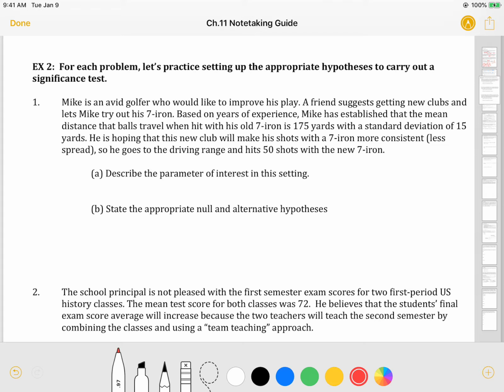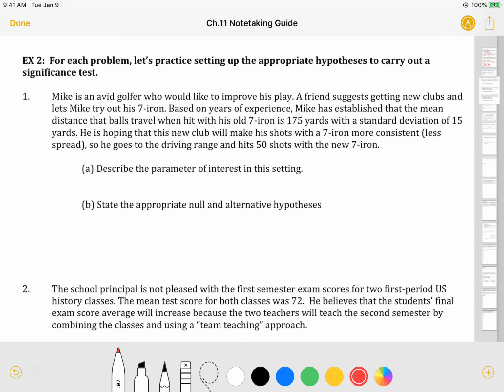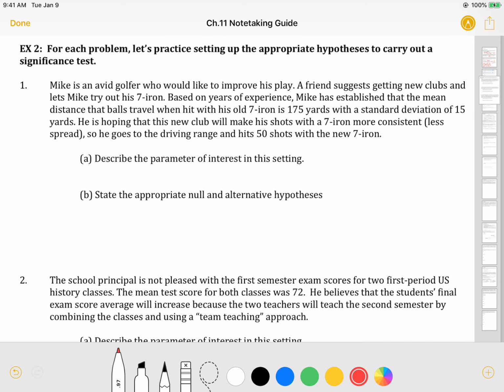So for example number 2, what we're going to do here is we are going to set up some hypotheses. And let's read example number 1 together. It says, Mike is an avid golfer who would like to improve his play. A friend suggests getting new clubs and lets Mike try out his 7-iron.